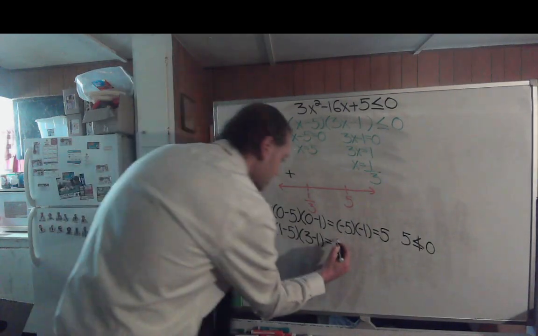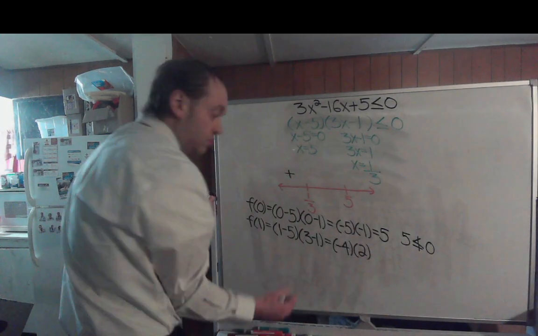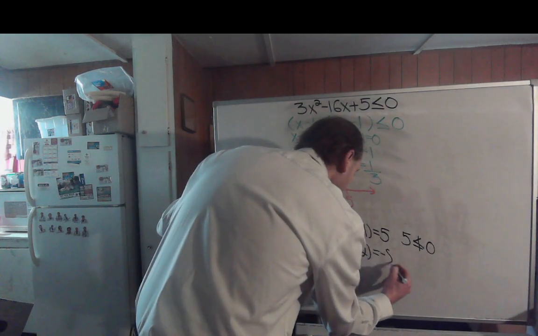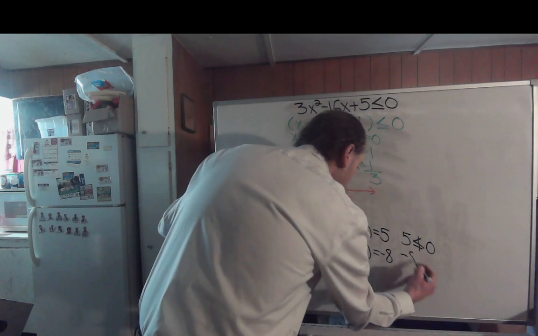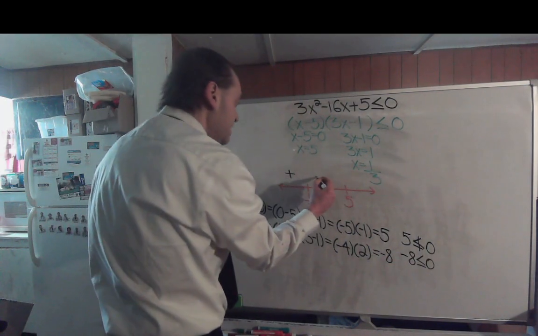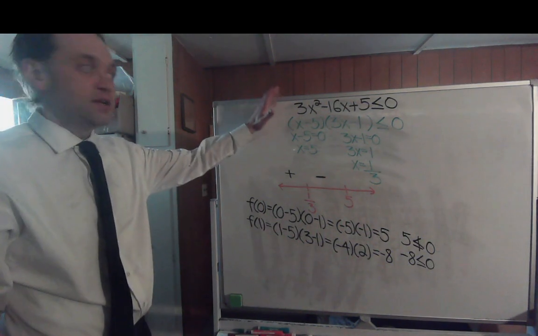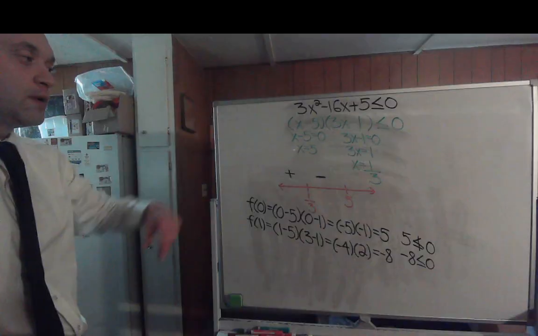So that's going to equal, of course, negative 4 times 2, which would give you negative 8. Negative 8 is definitely less than or equal to 0. That checks out, so that's negative. And we're actually looking for negative solutions this time, since the inequality is less than or equal to 0.